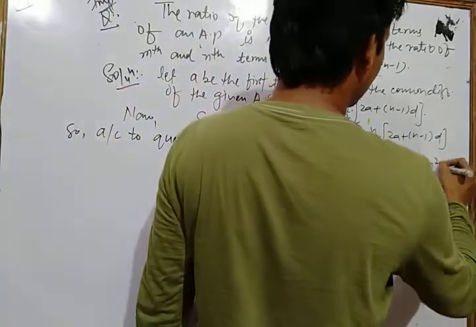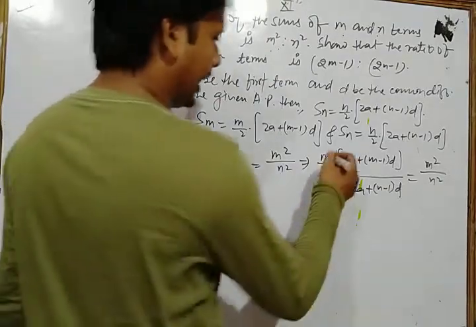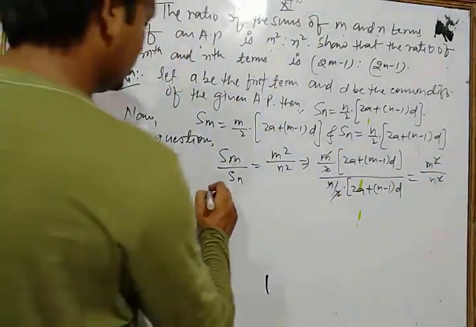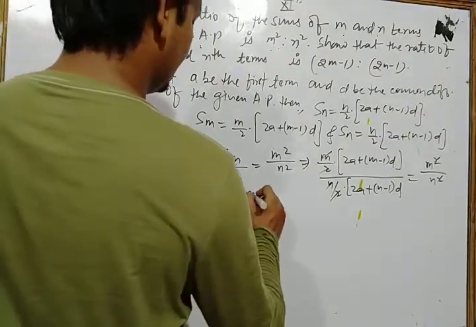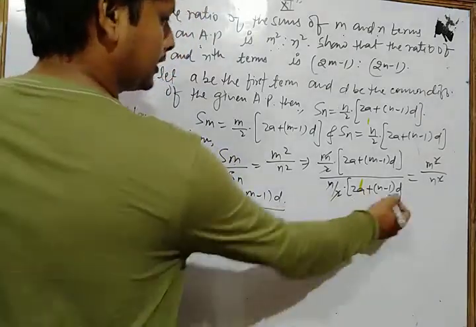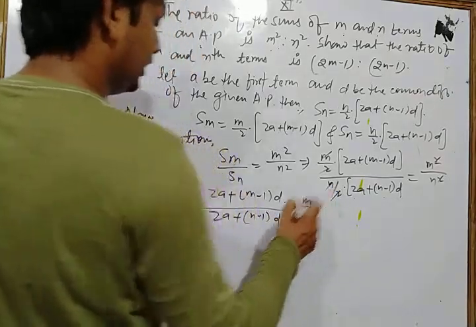Now here 2 cancel to each other, and one m and one n also cancel to each other. So we have (2a plus (m minus 1) into d) upon (2a plus (n minus 1) into d) is equal to m by n.